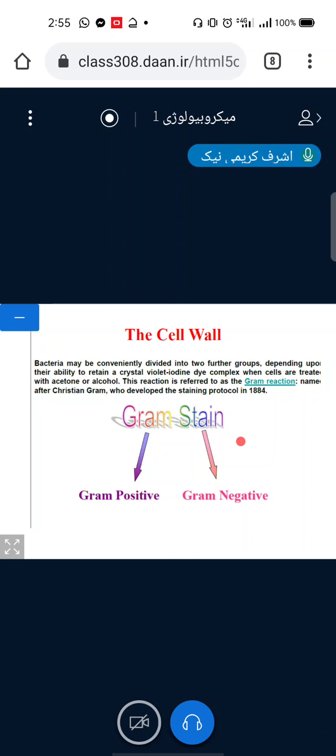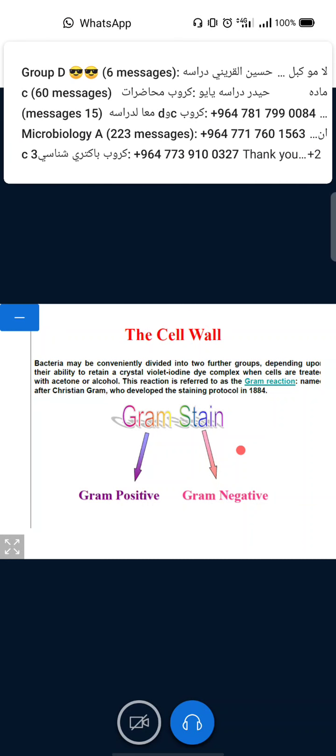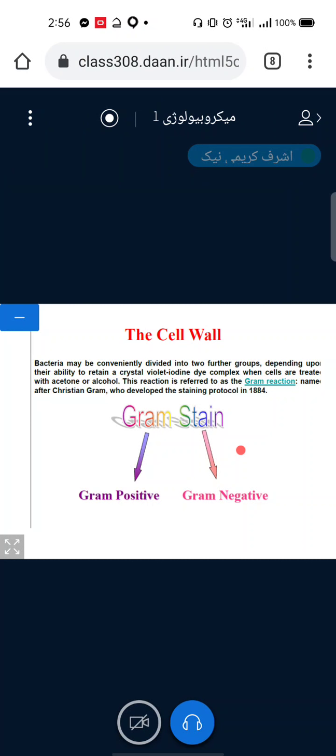Because of the differences in bacterial cell wall structure, he designed a type of staining named Gram staining. Based on this staining, bacteria are classified into two groups, gram positive and gram negative.